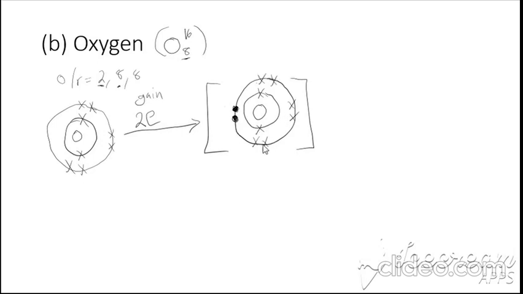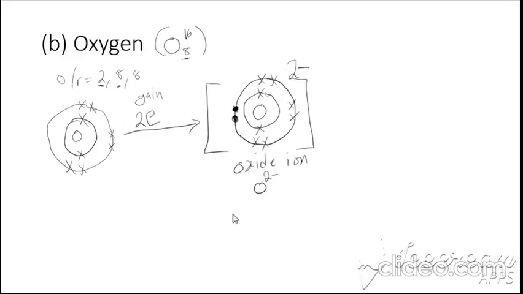It has now obeyed the what? The octet rule, because second shell should have how many electrons? 8, not 6. So oxygen must gain 2 electrons for it to become what? Stable. So here I'm going to write 2 negative, and then note that this is an oxide ion. The symbol is, I'm sure you have seen something like that.